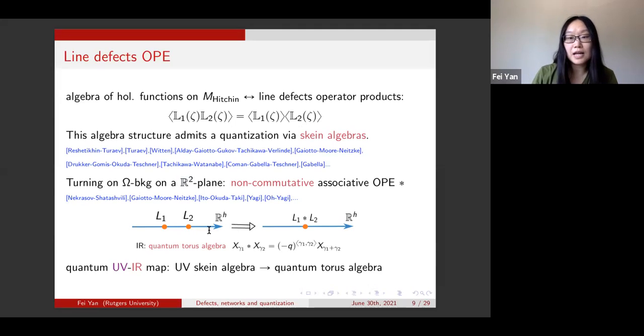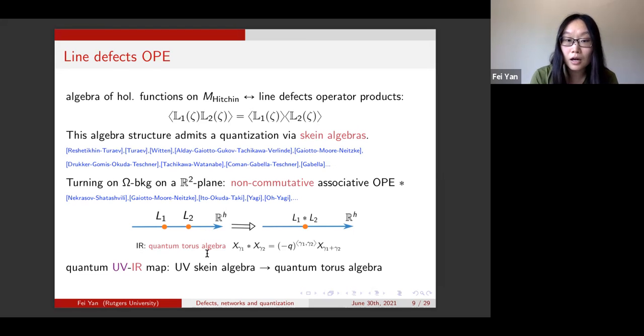And after you do that, the operator products are still non-singular. However, they're not commutative anymore. The two limits, where you let L1 approach L2 from the left versus from the right, are different because you cannot move L1 past L2. So anyway, you get a non-commutative OPE.